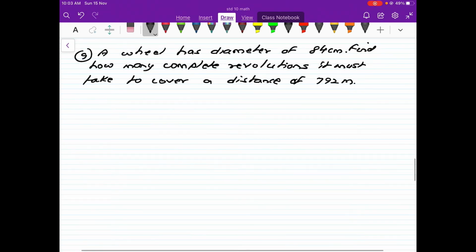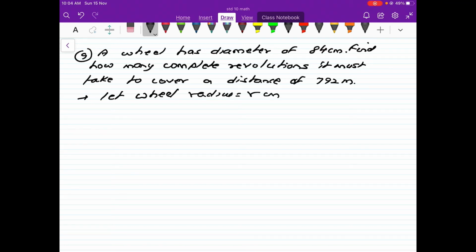We have studied that the distance covered in one revolution is equal to the circumference. So we will use this logic. Let the wheel radius be r centimeters. It is nothing but diameter upon 2, which means 42 centimeters. Now the number of revolutions.